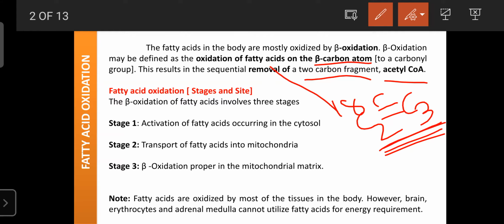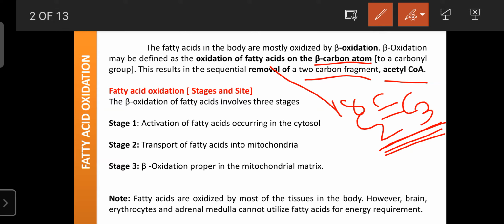Then the acetyl CoA enters the TCA cycle and once again can yield more ATP. So beta oxidation is one of the important pathways and yields a lot of ATP. The beta oxidation of fatty acids is mainly divided into three stages.